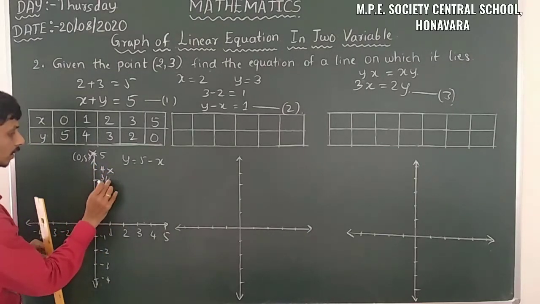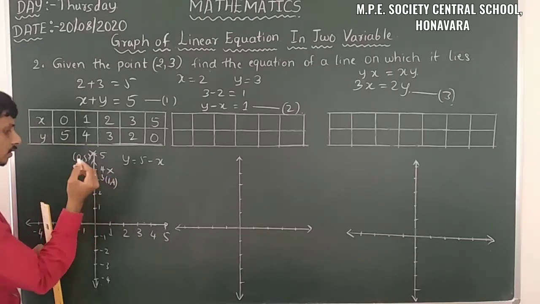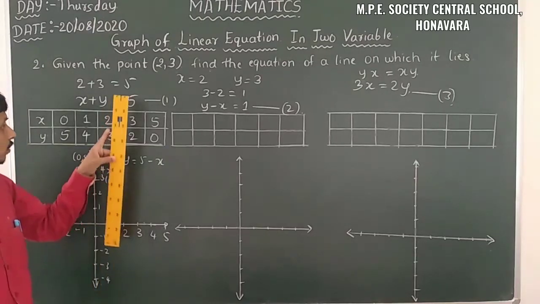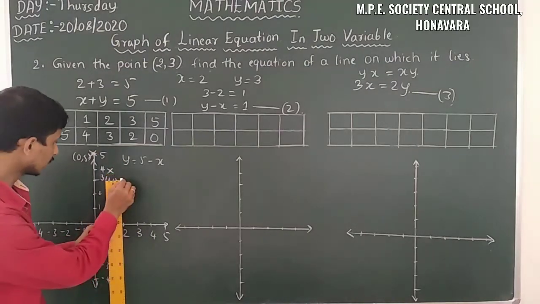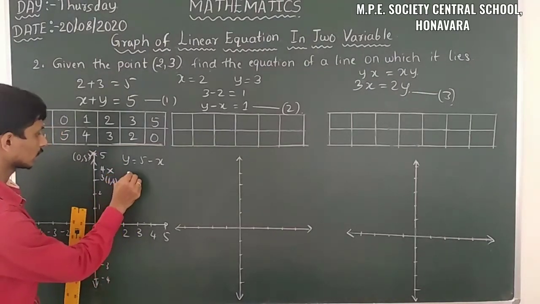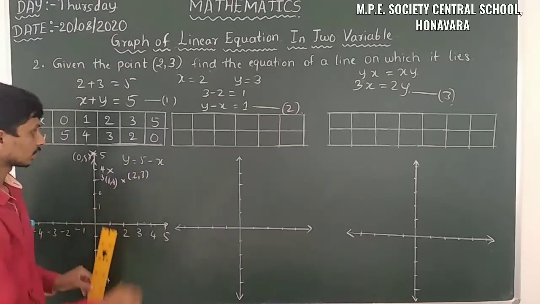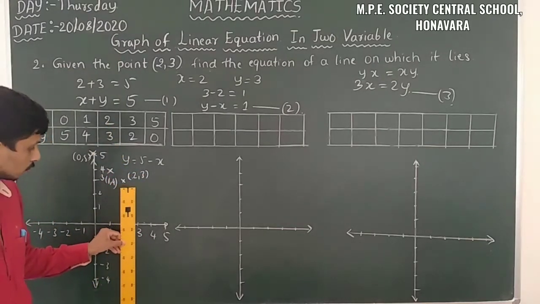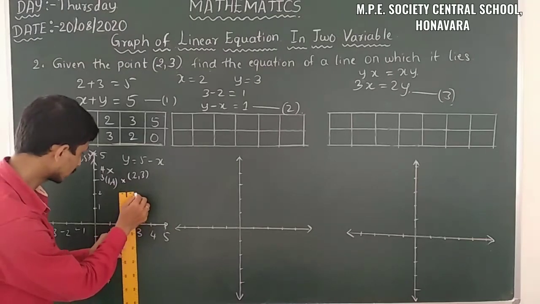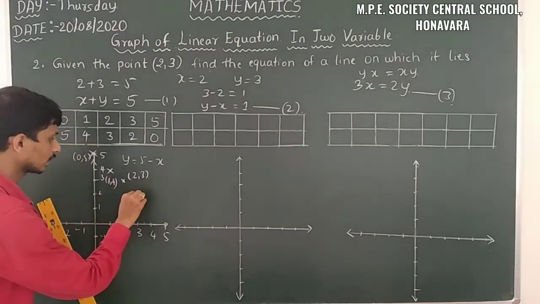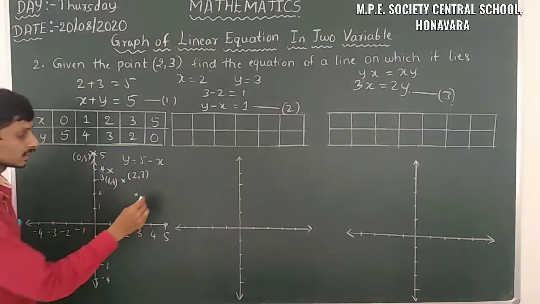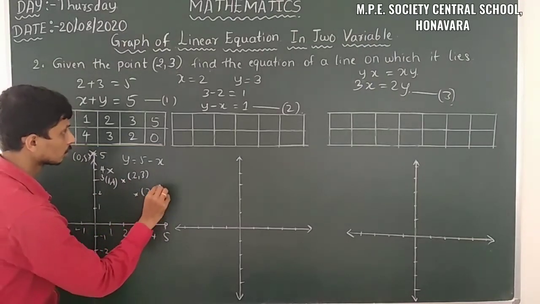After that we mention the coordinates. Then 2, 3. Here 2 is here and 3 is here. You have to take the point 2, 3. Then 3, 2. Here it is 3 and here it is 2. So the point is 3, 2.